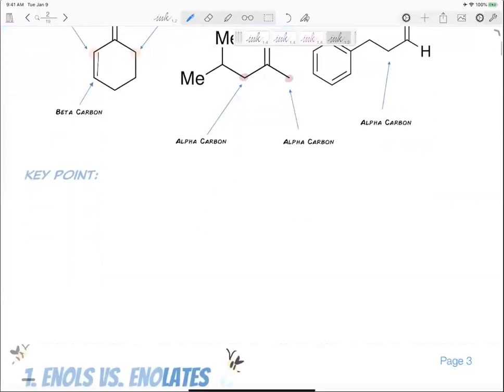Okay. So what's the key point? Carbons next to carbonyls are reactive, okay? They are reactive, and what you want to always look out for is your enolates, as an intermediate.